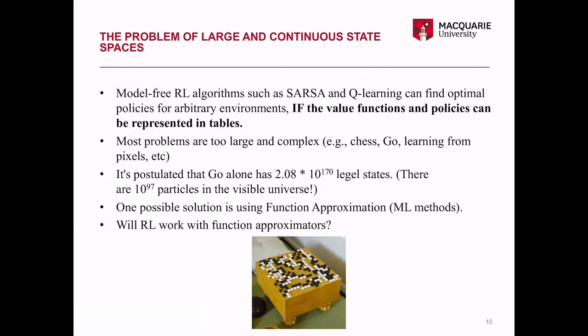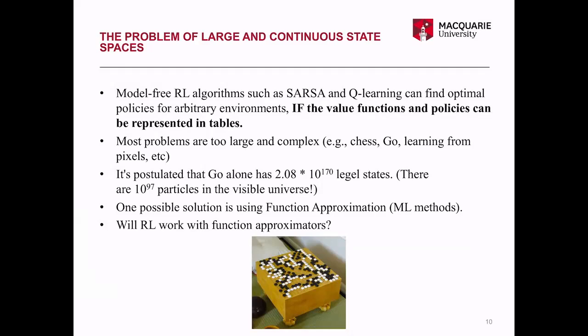But even in discrete environments such as board games like chess and Go, they have a ginormous number of states. It's postulated that Go itself has 2 times 10 to the 170 legal states, which is the square of the number of particles in the visible universe.